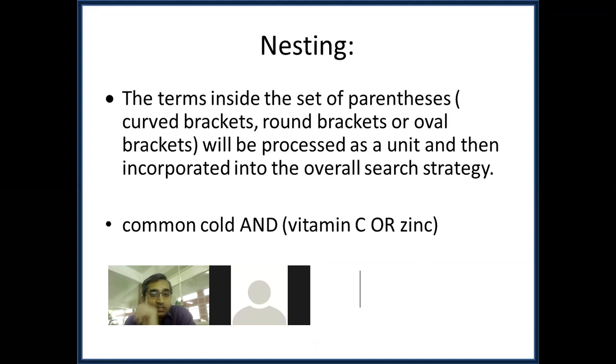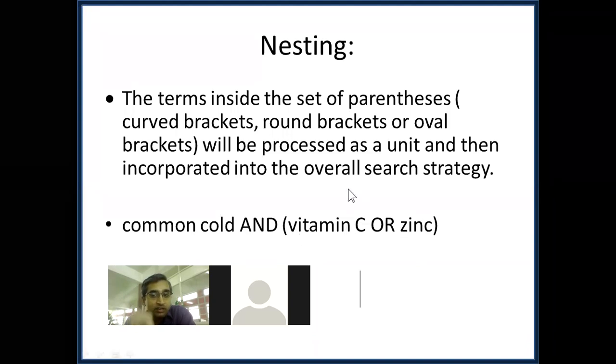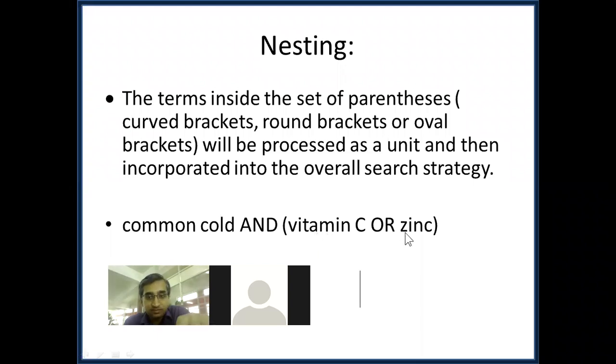So I am asking PubMed to give me any article which is related to common cold and whatever is there in this bracket, which is nested. We call it nesting. So give me any article which has common cold and either vitamin C or zinc, because I have put the term OR as a Boolean operator there.